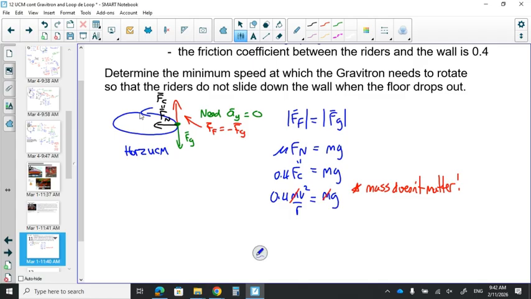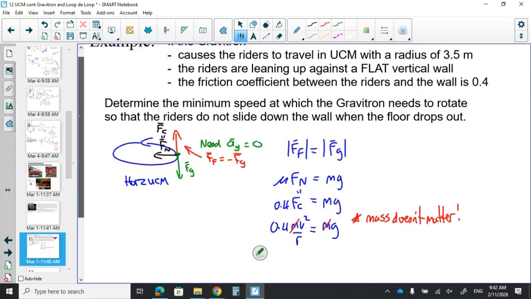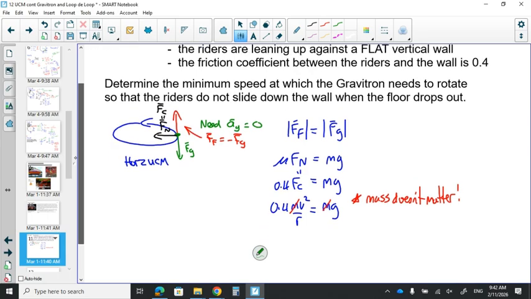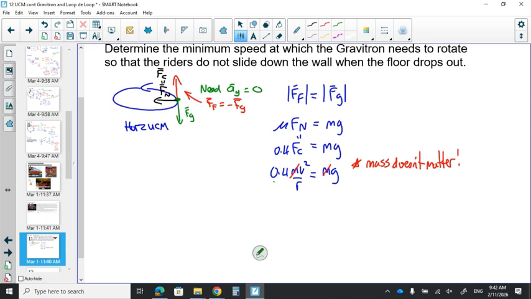So when we look at the speed, we're just going to do the work here, right? We're going to divide out, I guess I could have put that radius in at that point. So I guess I'll do another line, but we're going to divide out that 0.4 while we're at it. So now I've got v squared over, and the radius was 3.5.